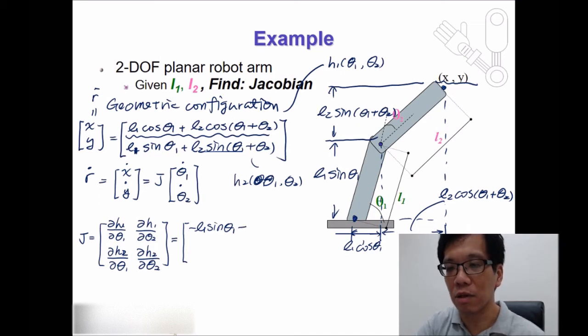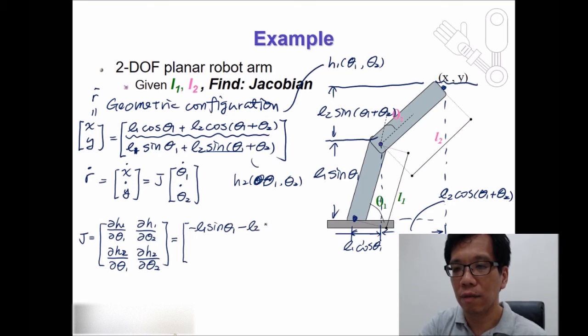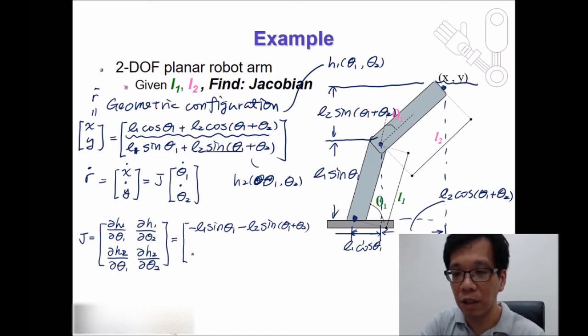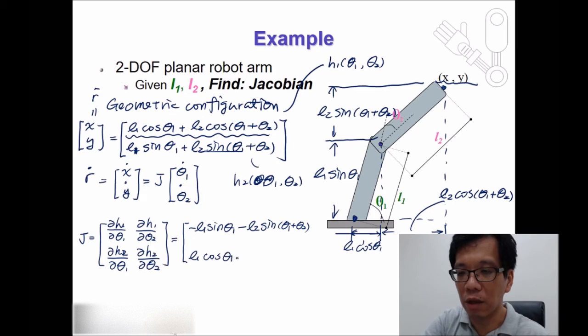And the second one, since it's cosine, we have negative L2 sine (theta 1 plus theta 2). For the term below, it's going to be the same. We are partially differentiating with respect to theta 1, so I get L1 cosine theta 1 plus L2 cosine (theta 1 plus theta 2).